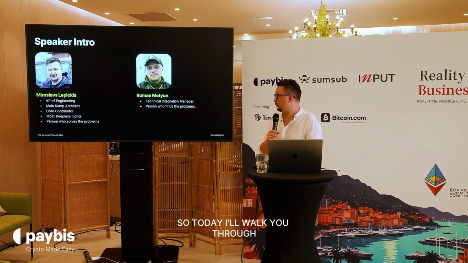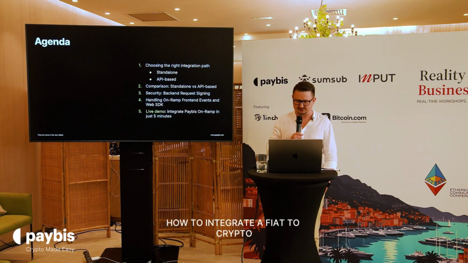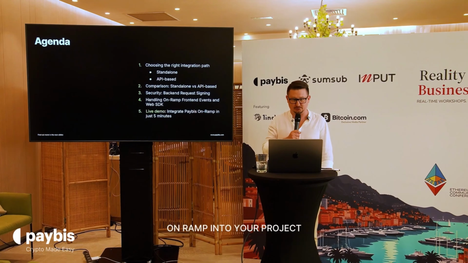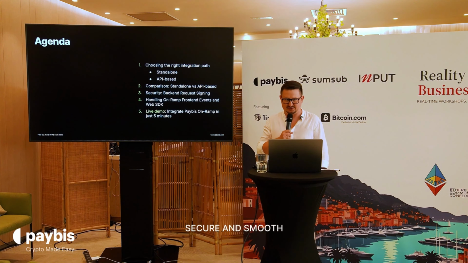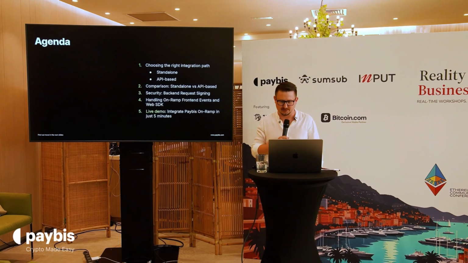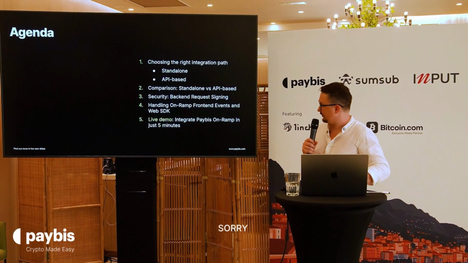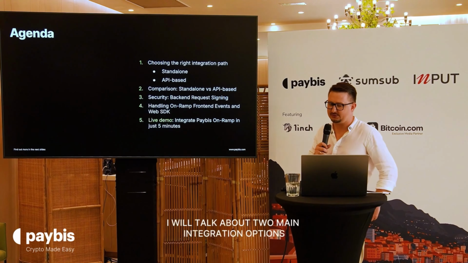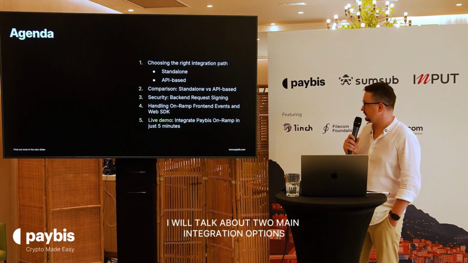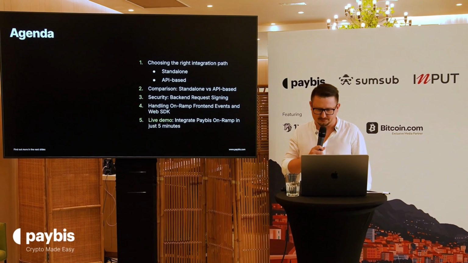Today I'll walk you through how to integrate a fiat-to-crypto on-ramp into your project in a way that's fast, secure, and smooth. So let's stick to the agenda. I will talk about two main integration options: standalone and API-based.